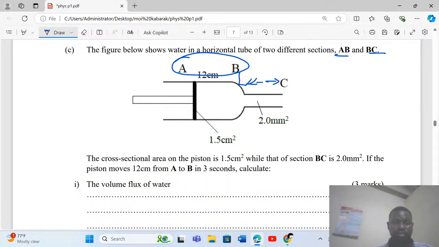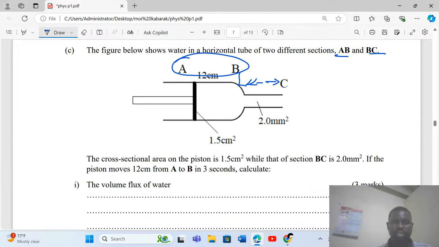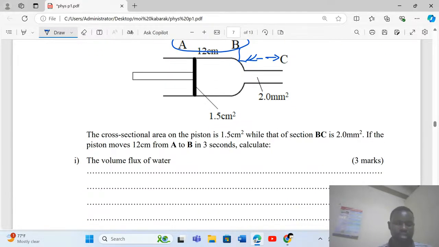Then we're told the cross-sectional area of the piston is 1.5 square centimeters, while that of section BC is 2.0 square millimeters. If the piston moves 12 centimeters from A to B in 3 seconds, calculate the volume flux.